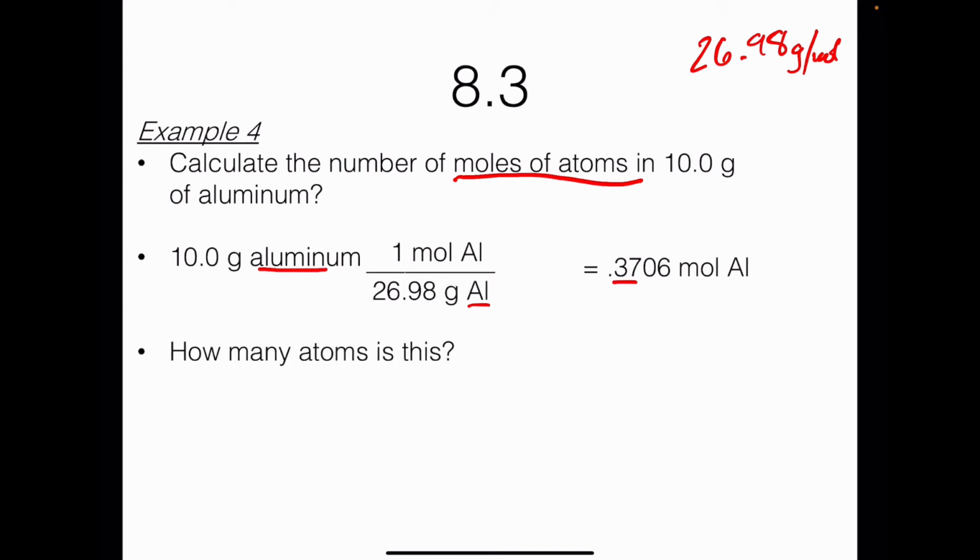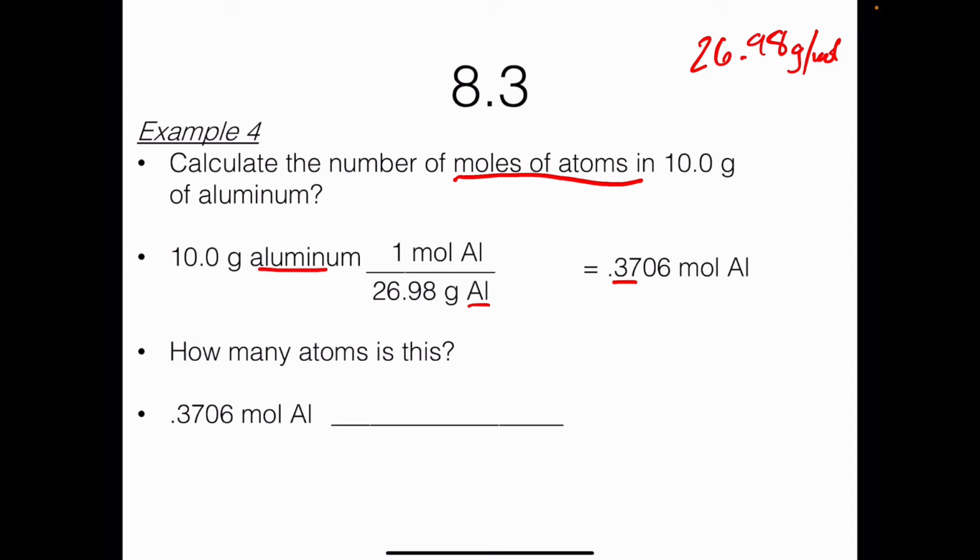How many atoms is this? Now, this is taking this type of problem one step further. I calculated the number of moles, so that's what I'm going to use to start this next problem. This is now where we want to use Avogadro's number, because if it's asking for the number of atoms, I'm going to need a very large number to represent something so small.